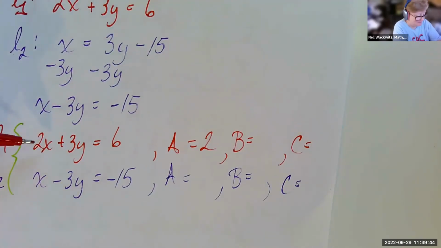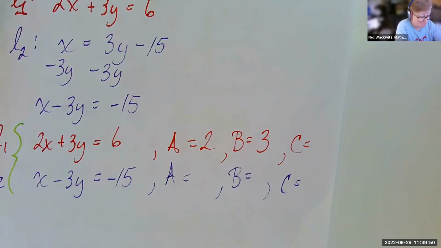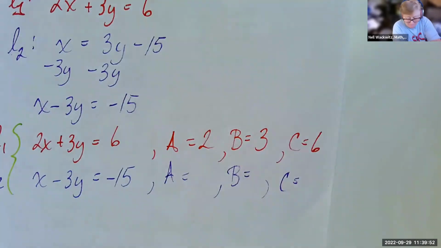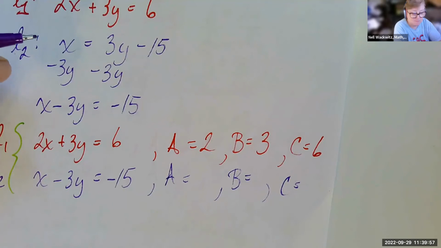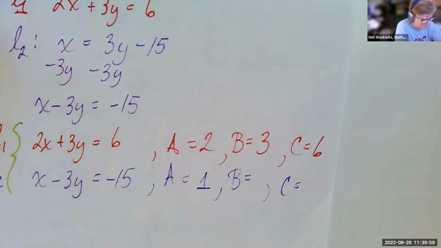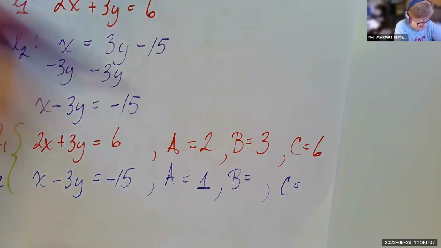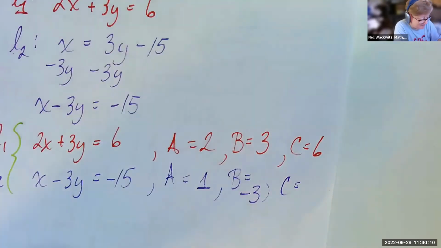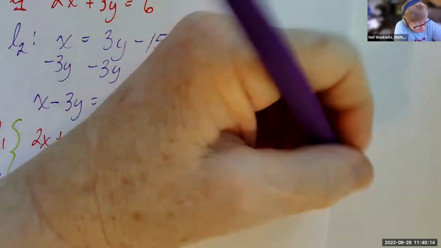What is B? B is 3. Good. And C? 6. Awesome. And what is A in line 2? 1. Excellent. B? 3, positive or negative? Negative. Yes, that's right. Negative 3. Good. And C? Negative 15.